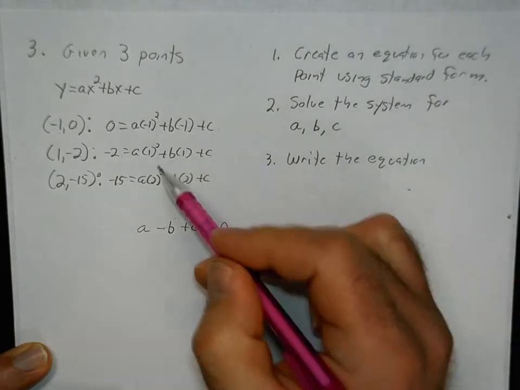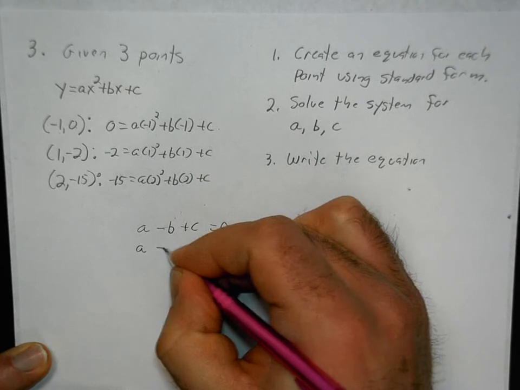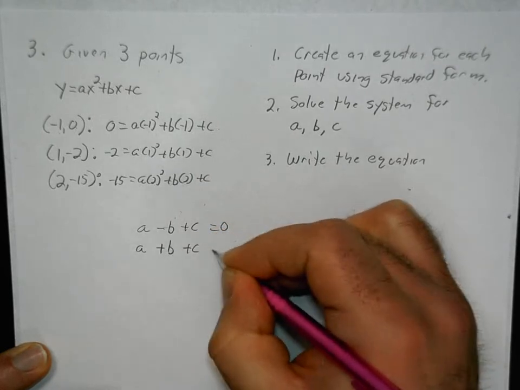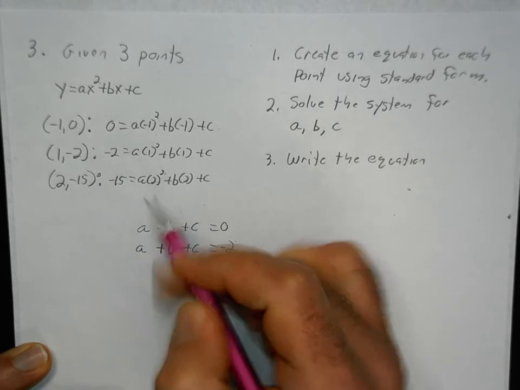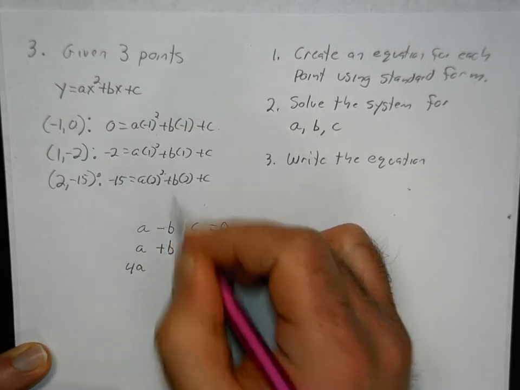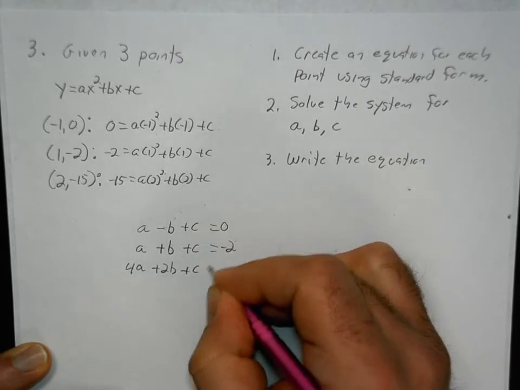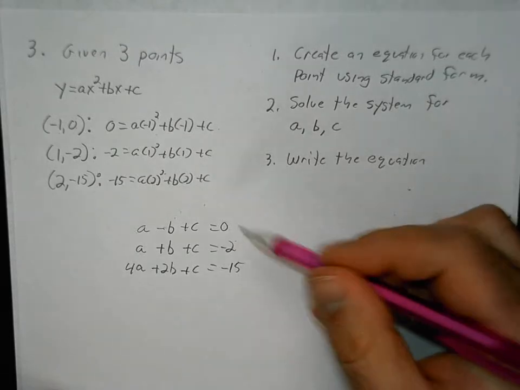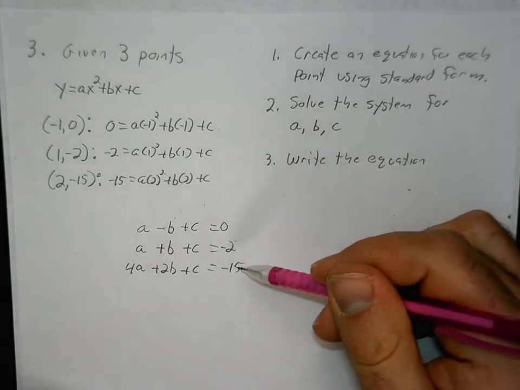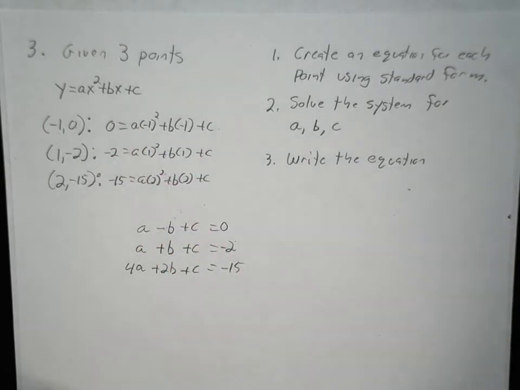Second one: 1 squared is 1, so it's a plus b plus c equals -2. Third equation: 2 squared is 4, so it'll be 4a plus 2b plus c equals -15. So what we've come up with is a system of 3 equations and 3 unknowns based on substituting these coordinates in for the x and the y and simplifying.